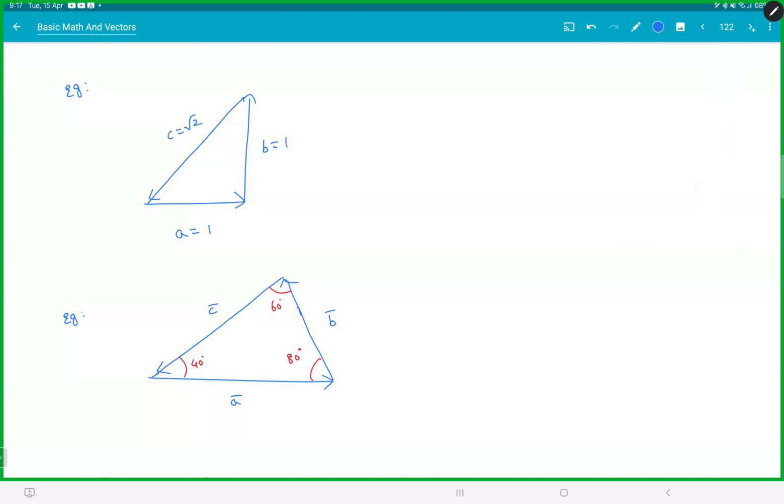Every time it need not be a right angle triangle, so be careful. You can push the vectors along the vector or parallel to themselves. You just have to join them tail to tail. Get them both. I'll give you a minute or two. And make sure the total sum comes to 360. You can just verify.